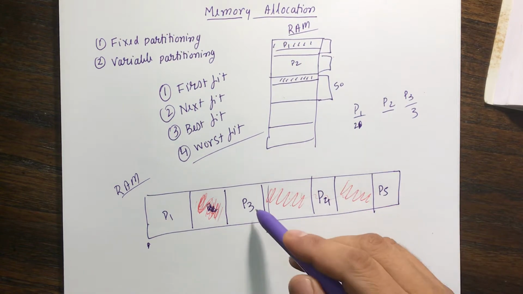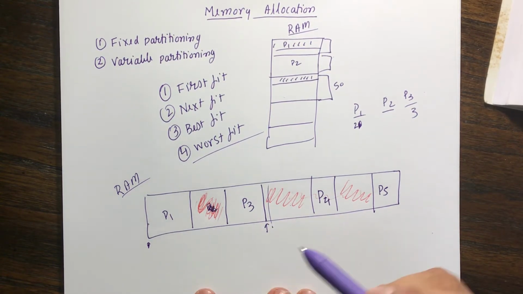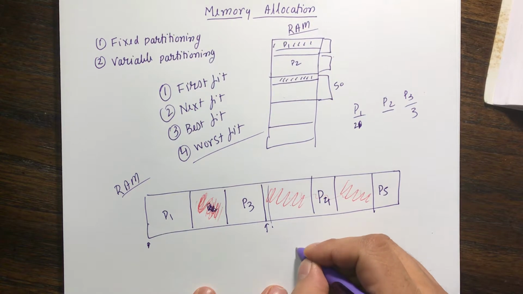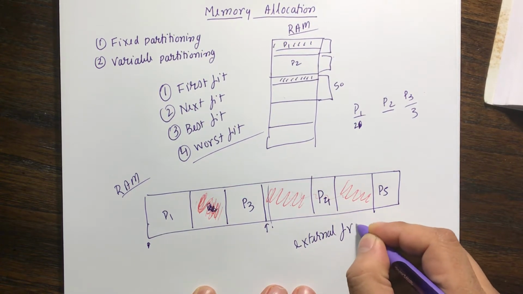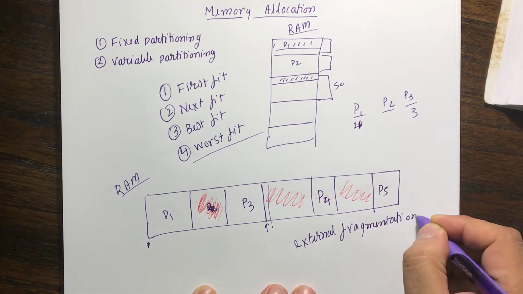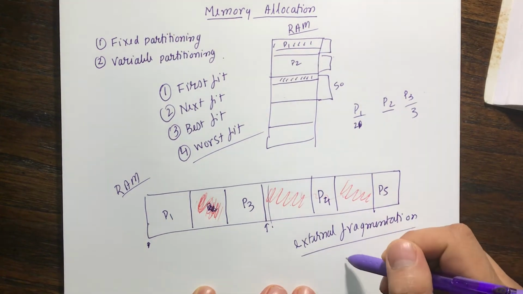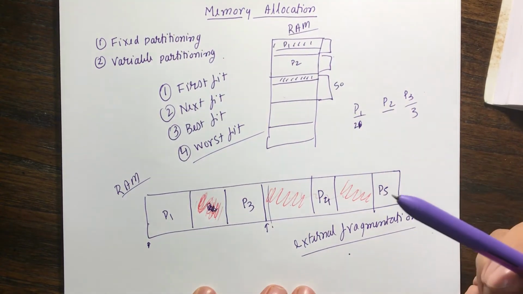But since these are not in contiguous memory locations, you cannot allocate that space to a particular process. That is called external fragmentation. So variable partitioning suffers from external fragmentation, and fixed partitioning suffers from internal fragmentation.